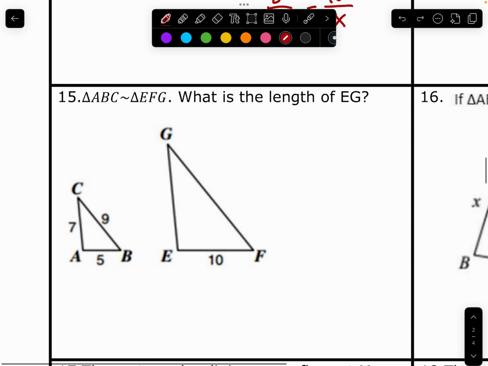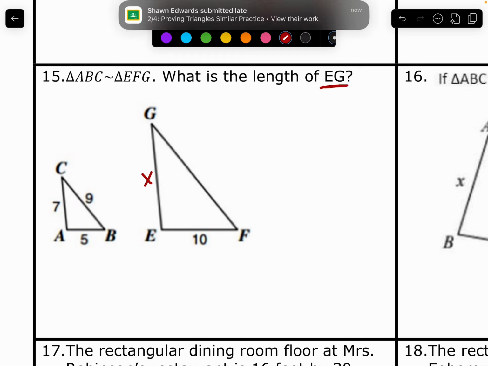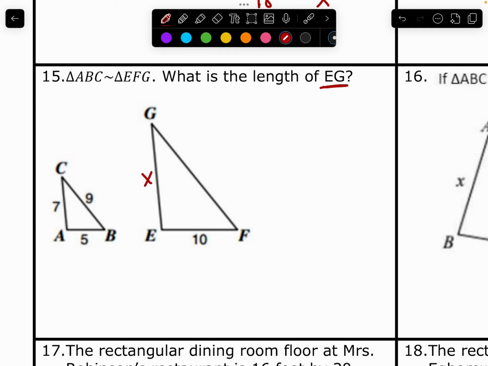All right, number 15. What is the length of EG? We'll put an x there because that's what it's asking us for. It tells us that these triangles are similar, so I think it's pretty obvious which angles match up. I'm going to put 7 over x because these are corresponding sides, and then 5 over 10 because those are corresponding sides.